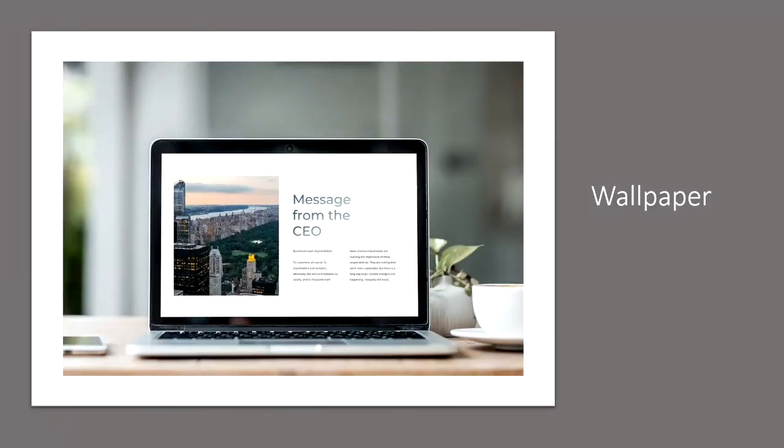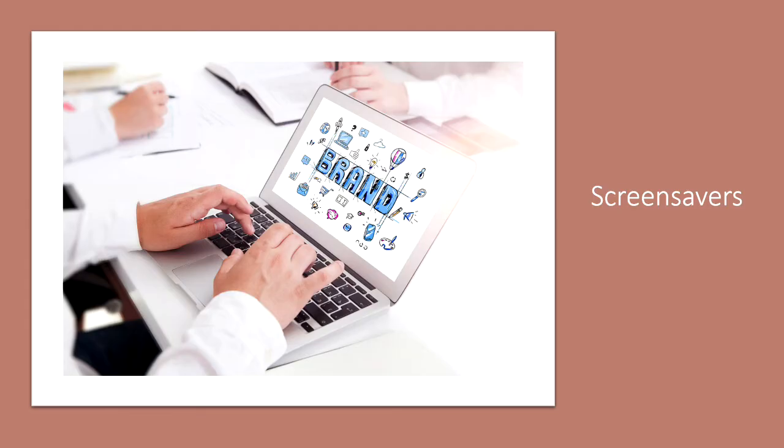This means the back screen of your desktop could also be set to show the branding, to show messages that are going to be coming up as well. And screensavers, whenever a screensaver kicks in, you can be adding a company message to that screensaver, or at least branding so that everybody's showing the same brand throughout the office.